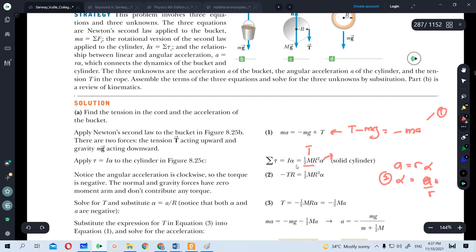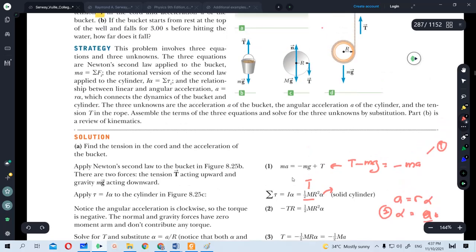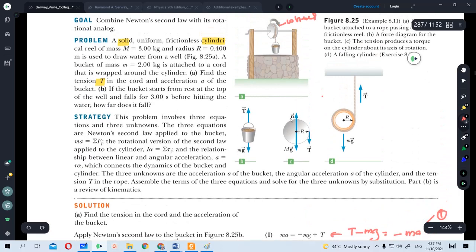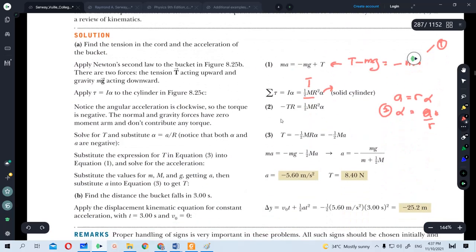Besides having I alpha, torque is also correct to have as T, tension, times R. Observe as well this diagram: this is the lever arm which is R, and it makes 90 degrees with the tension. That's why you don't show it here, because sine 90 is 1. Now, why is it that it's negative?